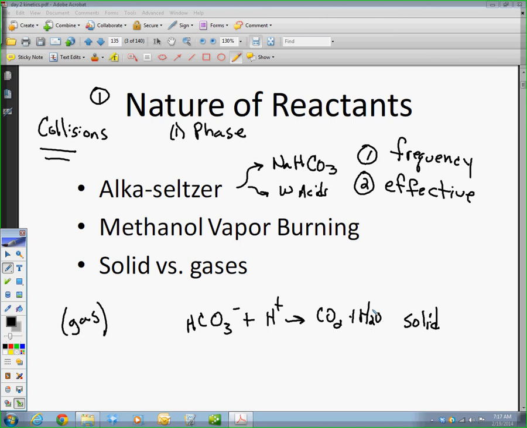So your tablet's in the solid phase and it's sealed in a very tight container so it cannot get contaminated. And it has an expiration date on it. So in theory, the reactants you need for that reaction to occur are already there. The question is, it's reacting really slowly. How do we know that? Because they're in solid phase.